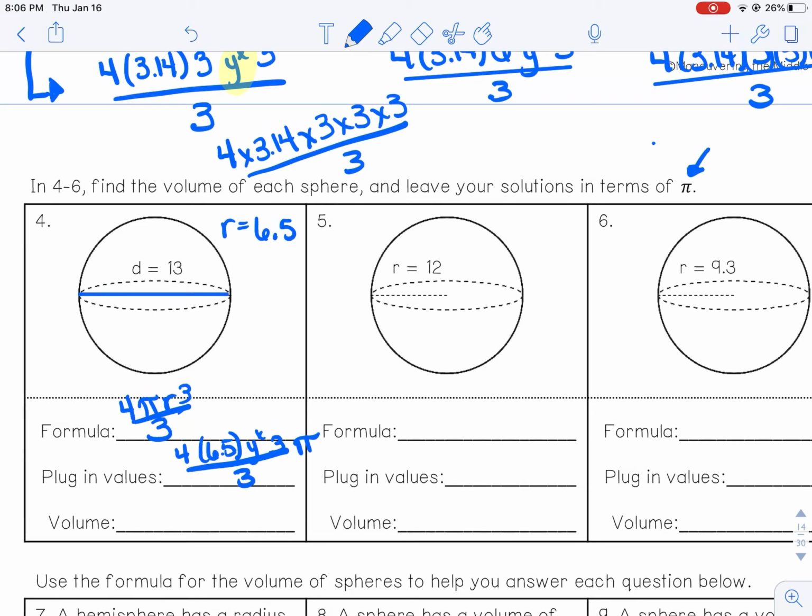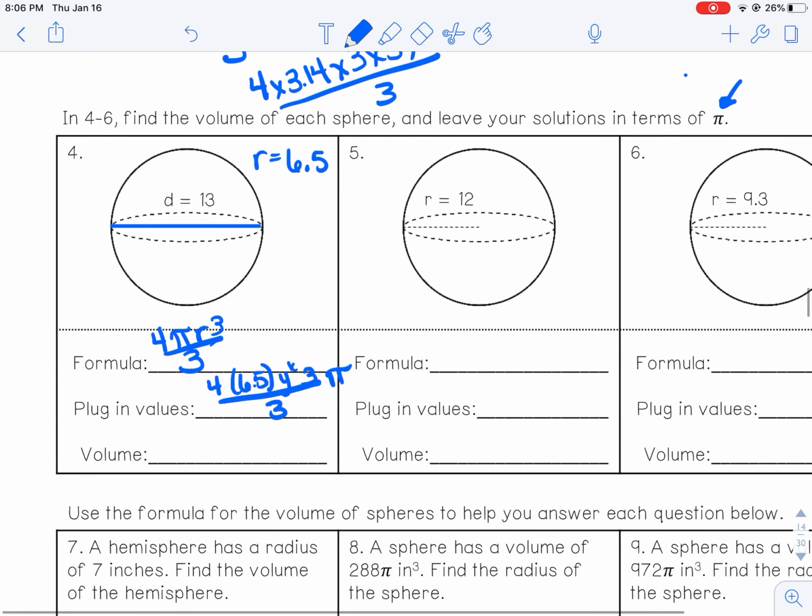So 4 times 6.5 raised to the third power, and just to make sure we're on the right track, I'm going to do it here with you. Your numerator should be 1098.5, and then when we divide it by 3, it gives us 366.16 repeating pi units.